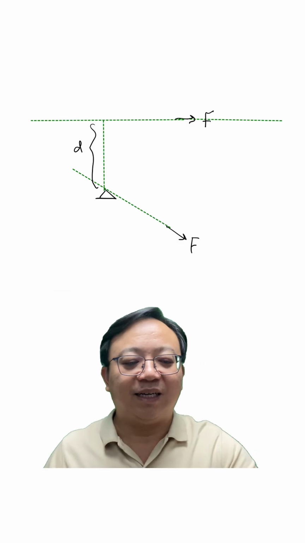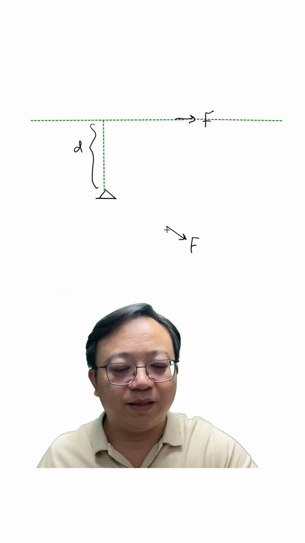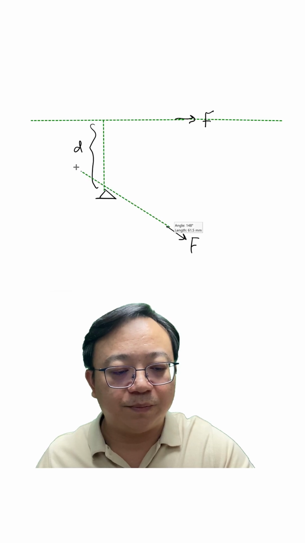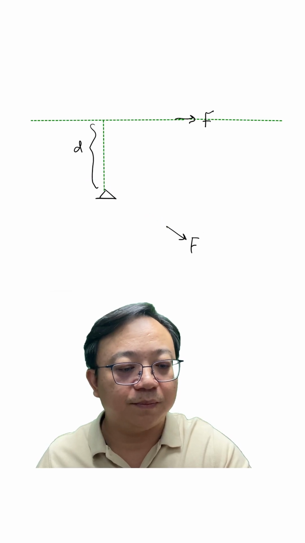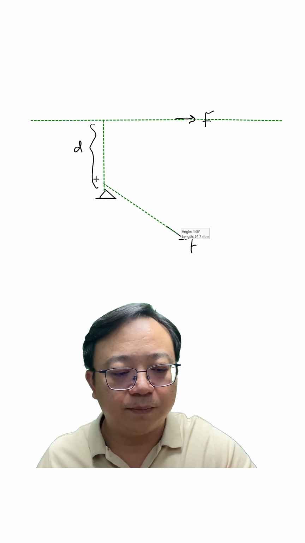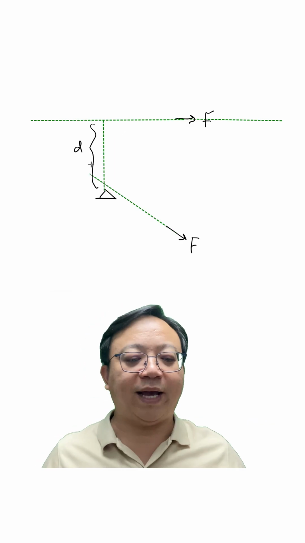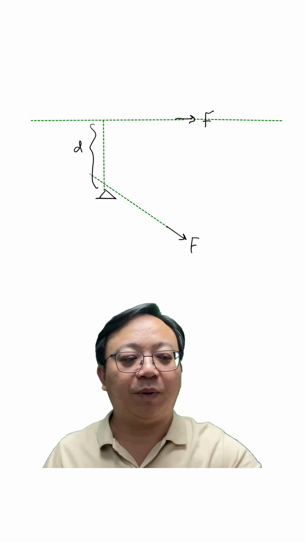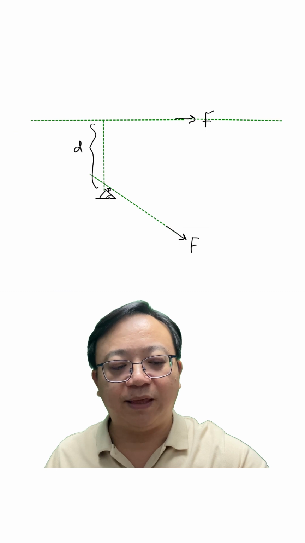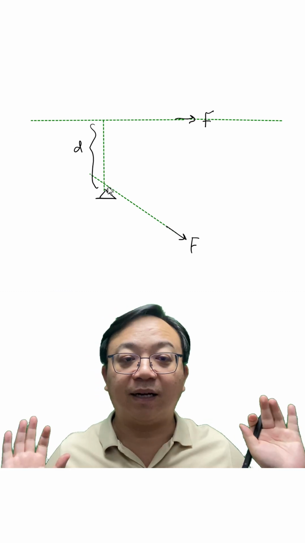Okay, this one doesn't look straight. Elongate the line of action. So where is the perpendicular distance? The perpendicular distance will be this part, right? That is the very small perpendicular distance, all right?